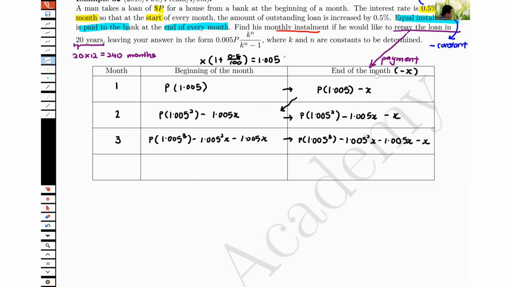We emphasize on the end of the month for 20 years. So let's look at what will happen at the end of 240 months. Not beginning, because the question says we look at repaying the loan in 20 years. So we look at the end of the month.